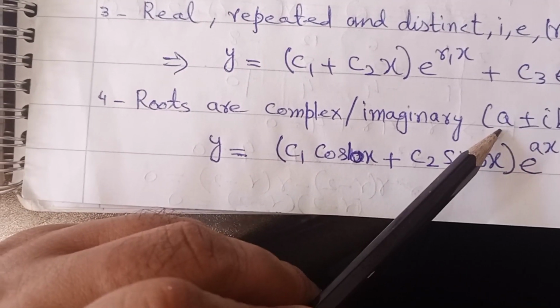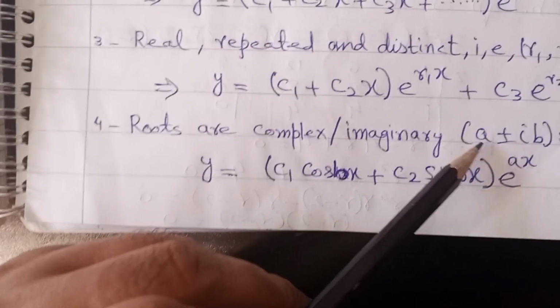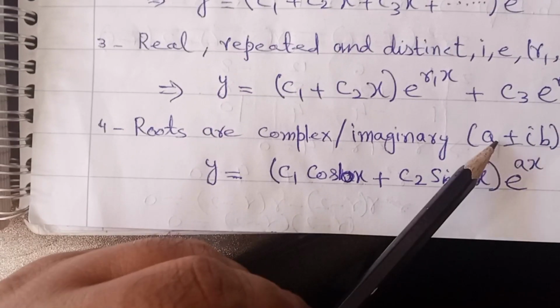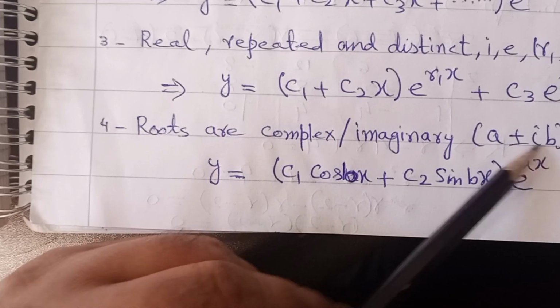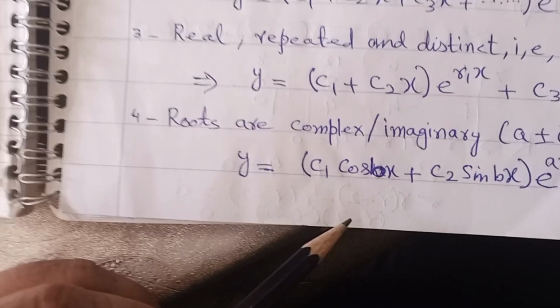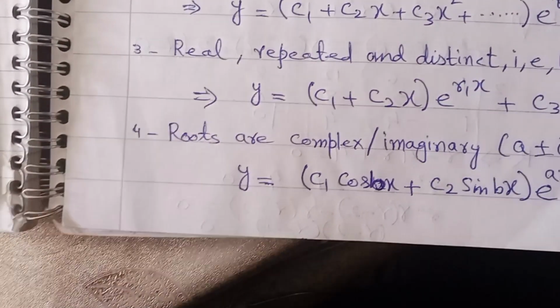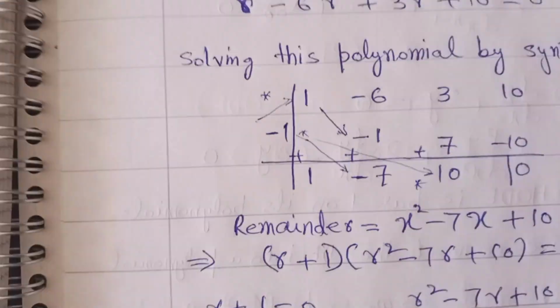You can look at the real part of the complex number is a, and the imaginary part is b, so that from here you will extract the values of a and b and substitute here, so that you will get the solution of the differential equation in case of imaginary or complex roots.